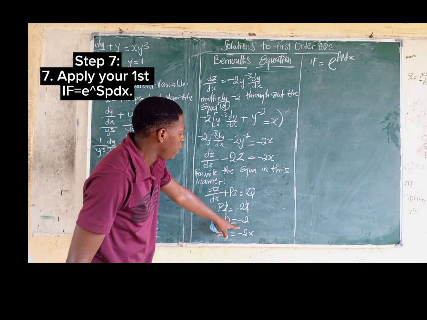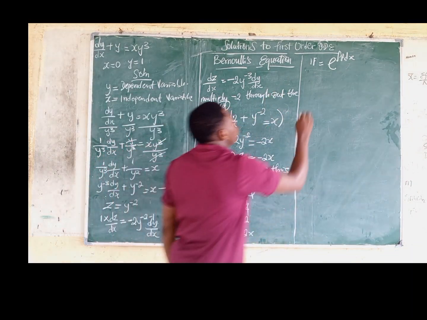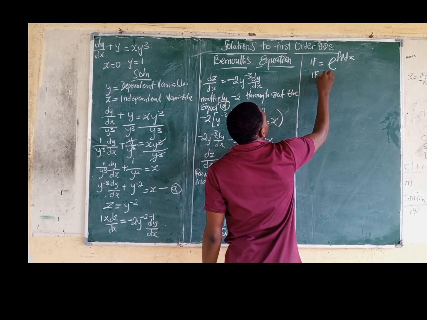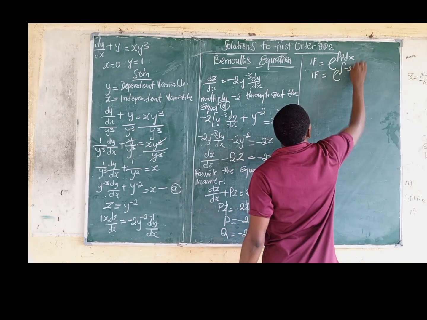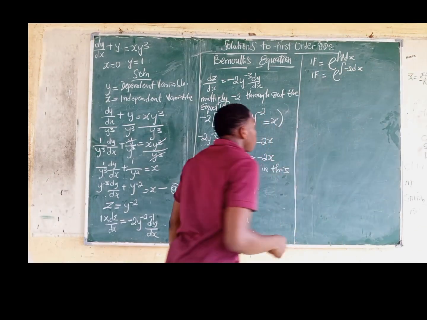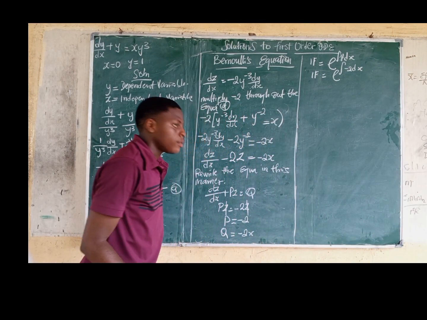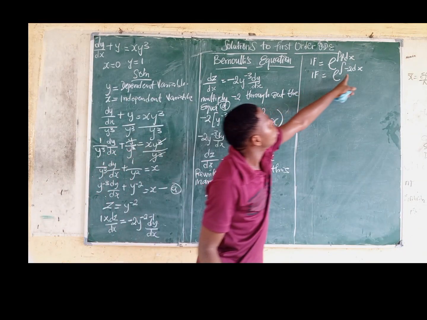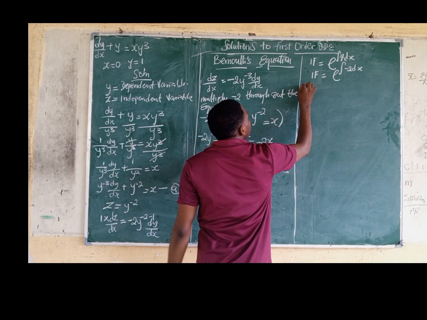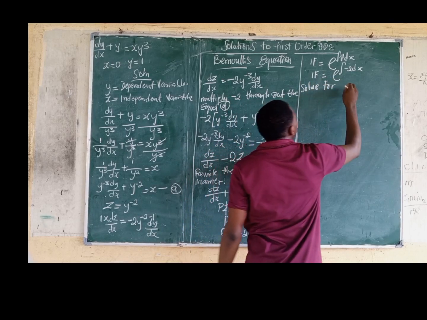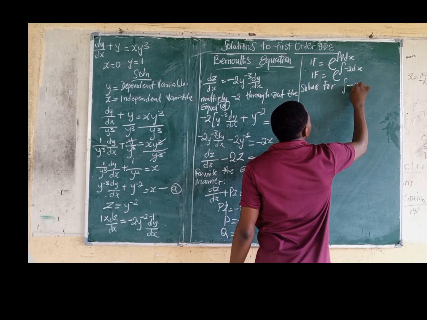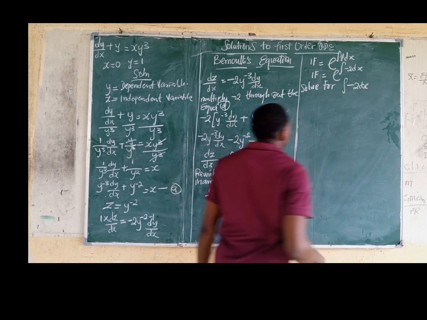So we can substitute p into that equation here, and we'll be left with IF is equal to exponential integral of minus 2 dx. The next step was to solve for your power. Now, solve for the integral of minus 2 dx.